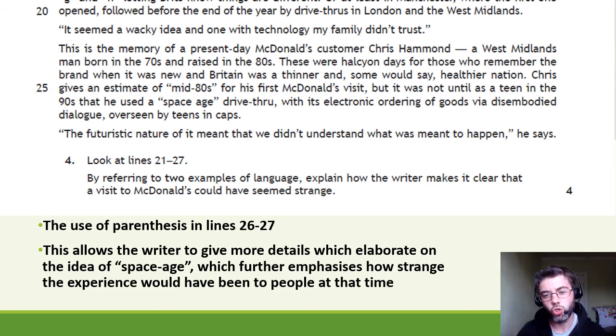So it's the actual use of that parenthesis as the wee bit of extra information to say, we've said it's a space age drive through. We then get a little bit of information almost justifying that space age imagery by telling us, electronically ordering goods and the dialogue coming out the wee speaker. So that's how structure's being used there within a sentence.